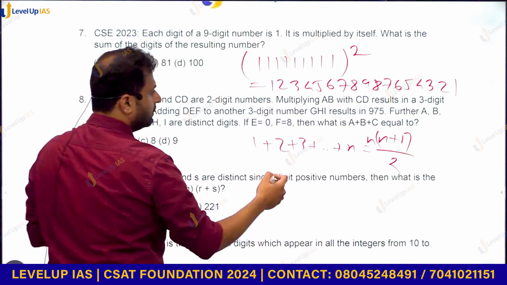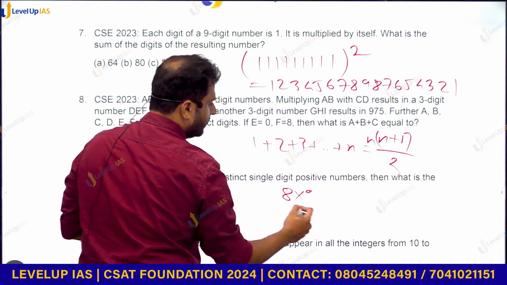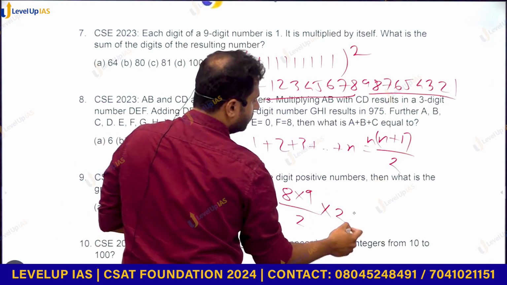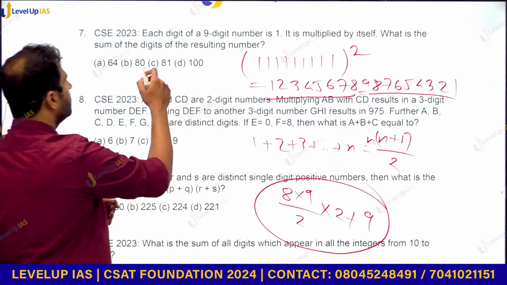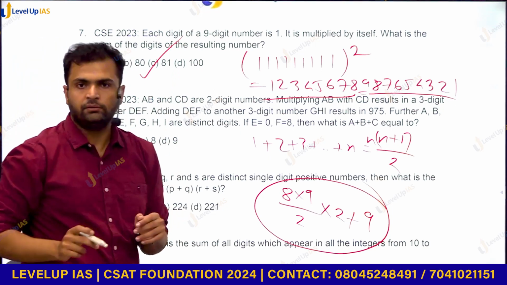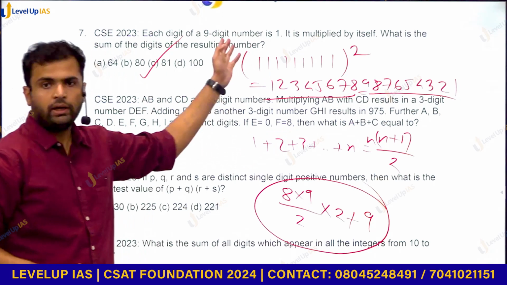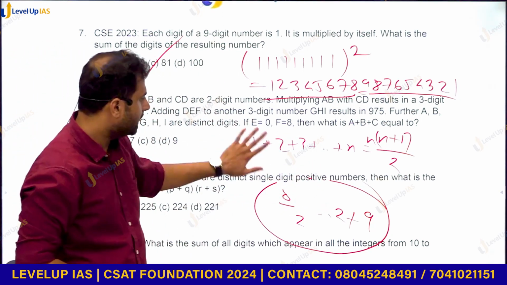So you can see that here 1 plus up to 8, so we have 8 into 9 by 2, and this is appearing twice, so into 2 and plus there is 1 9. So this is the addition which comes out as 81. Or if you don't want to use this, you can simply add the digits and the addition will be 81. That is also quite doable.